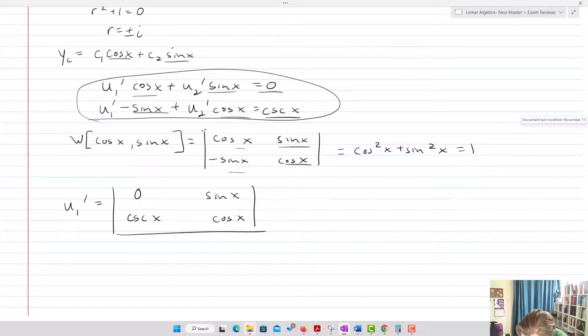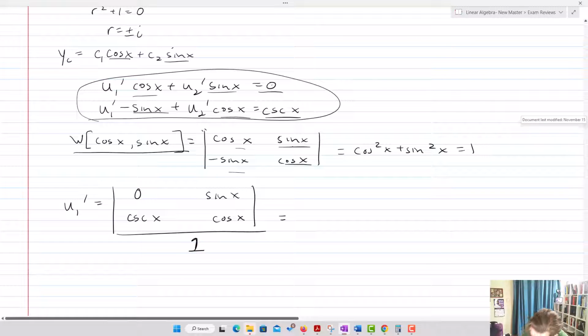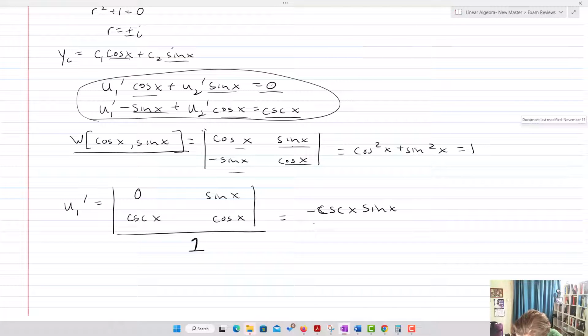We'll divide that through by the Wronskian, which is, in our case, just equal to 1. And so what we end up with is negative cosecant x sine x over 1. That ends up just equaling negative 1 over 1, which is negative 1, right? Because cosecant x is 1 over sine x times sine x.